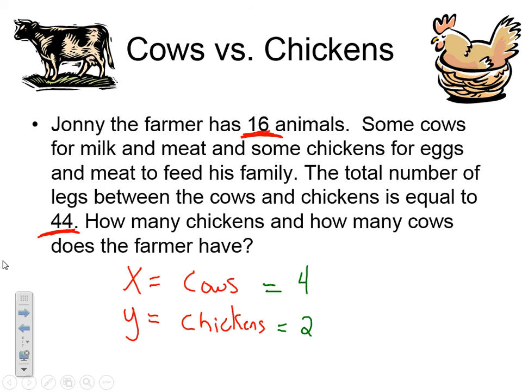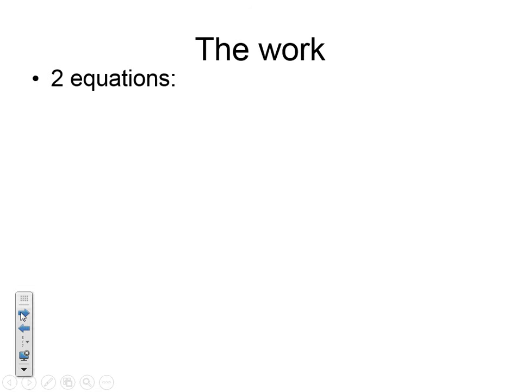So those are some important information that we need to remember while we're setting up our two equations. The first equation is the total number of animals: x plus y equals 16. Cows plus chickens equals a total of 16.